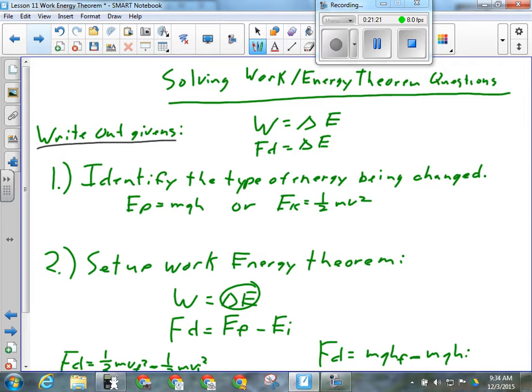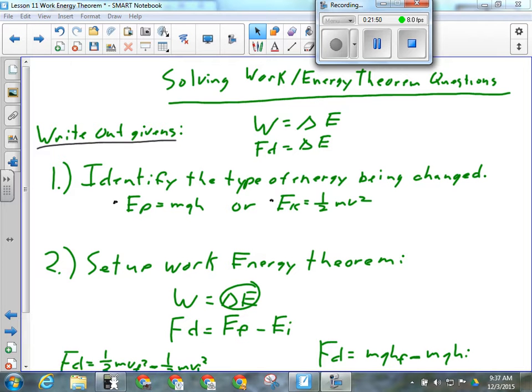I know that step's not on here, but I take for granted that you wouldn't do anything until you'd actually read the question. From the context of the question, can we figure out whether it's potential energy that's changing or kinetic energy that's changing?